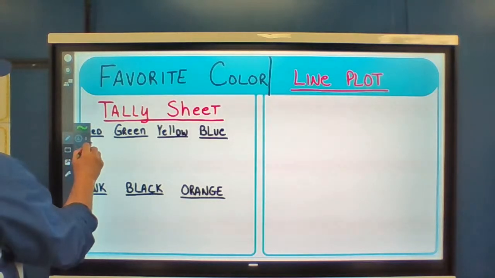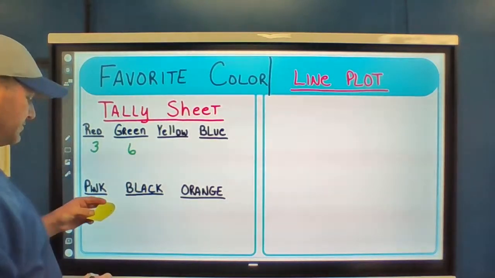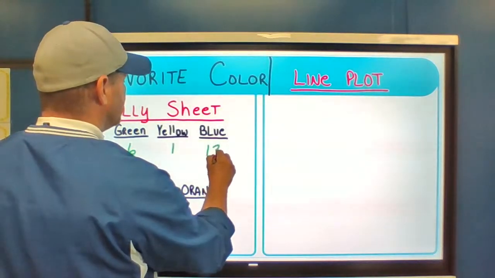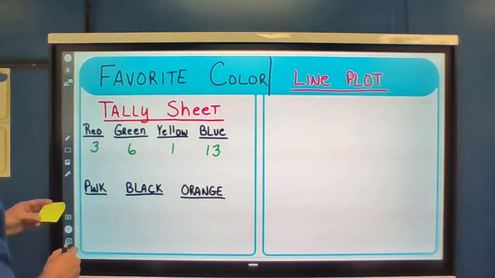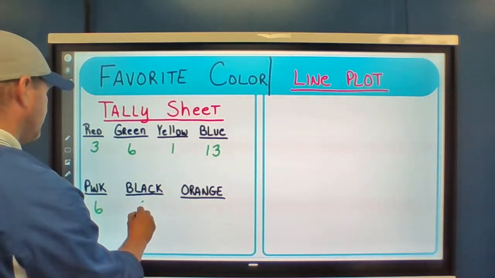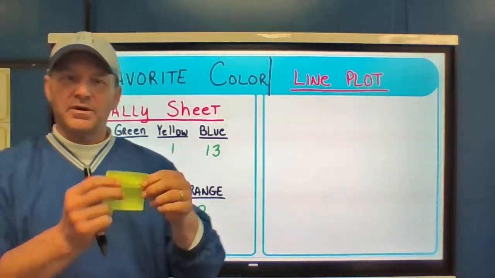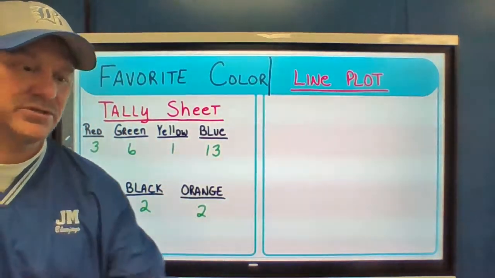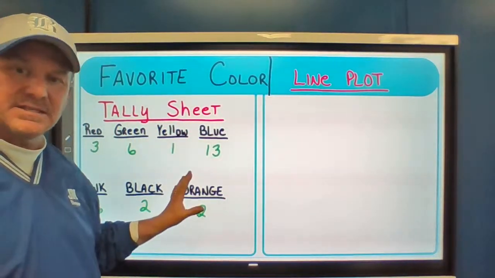So 3 of you chose red, 6 of you chose green, 1 student chose yellow, 13 chose blue, 6 of you chose pink, 2 of you chose black, and 2 of you chose orange. So from your answers, from the questions that I sent you, this is the data that we were able to acquire. And if you notice, everything's written out, everything's neat, and it's exact.